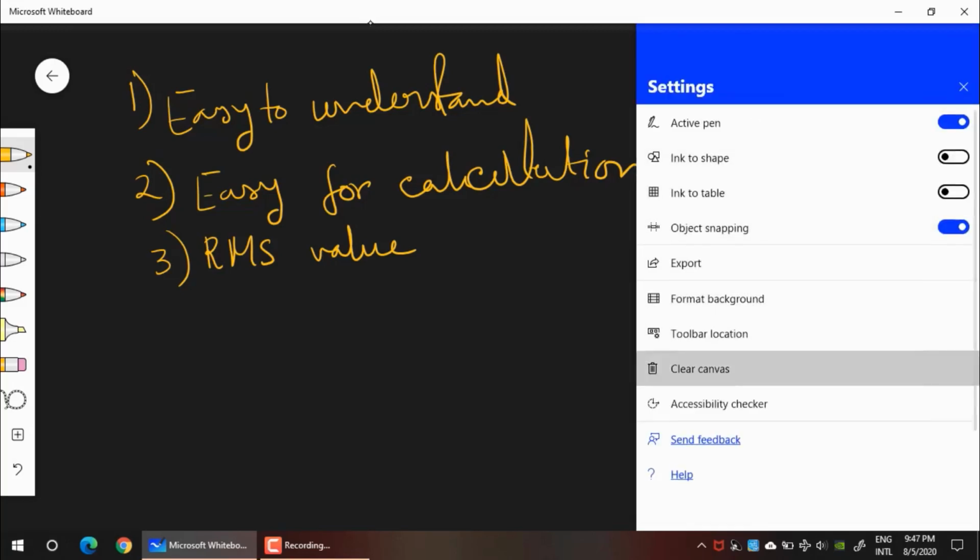Now let us proceed to a section on a few important points to remember.